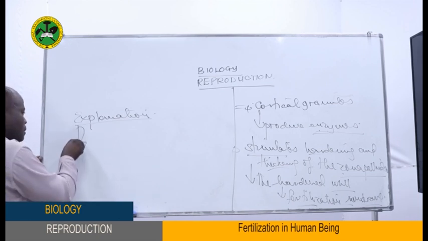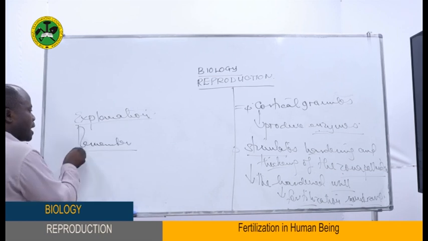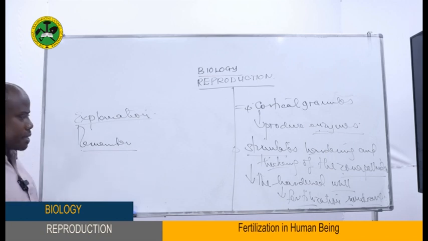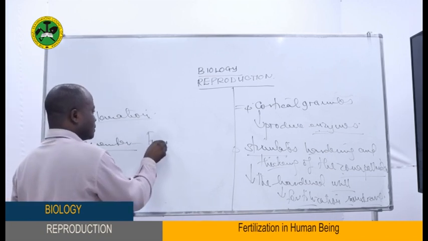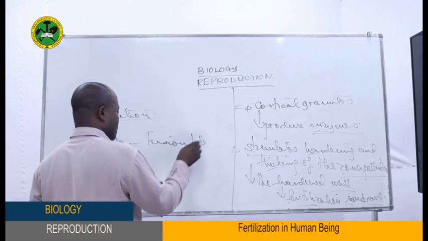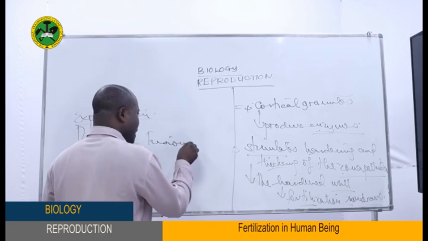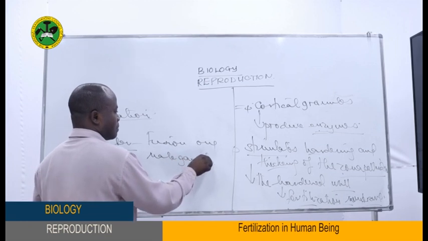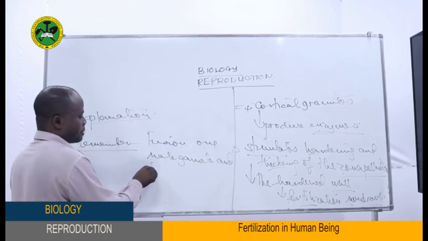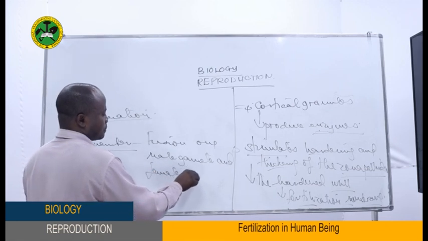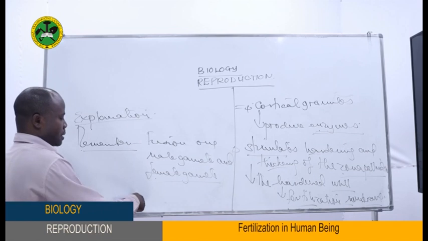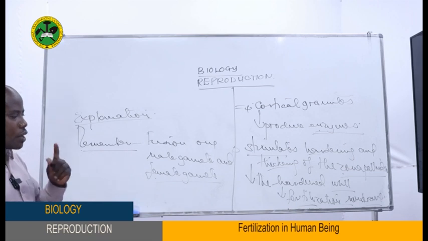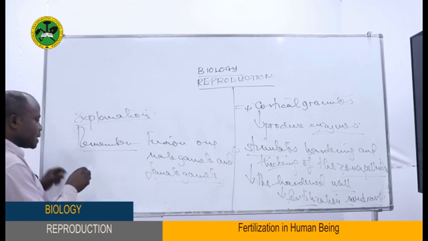Something to remember here is that in sexual reproduction, particularly in human beings, the fusion is between one male gamete and one female gamete. For that case, only one male gamete is allowed to enter the egg cell.